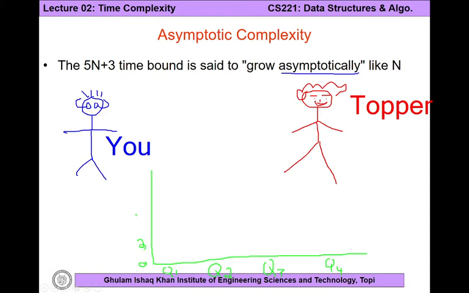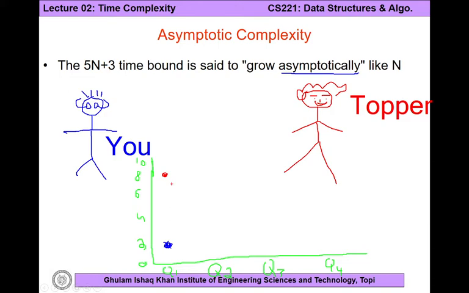Then let's say 2, then 4, 6, 8, and 10, right? In quiz 1 you score at this point, and the topper scores this much. This is the score of the topper, right?